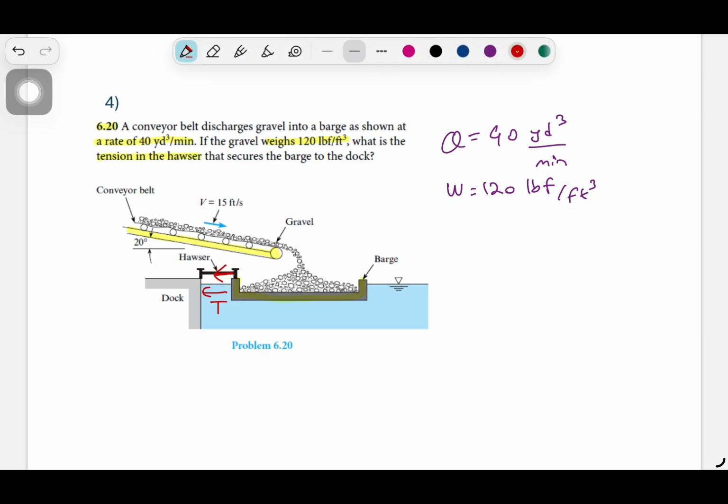So based on that, we can actually create a diagram. So we have weight, and we will have a corresponding buoyancy force. So they will balance each other, and we will have tension from right to left.